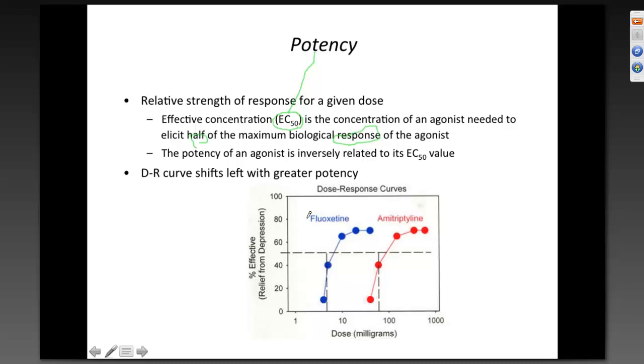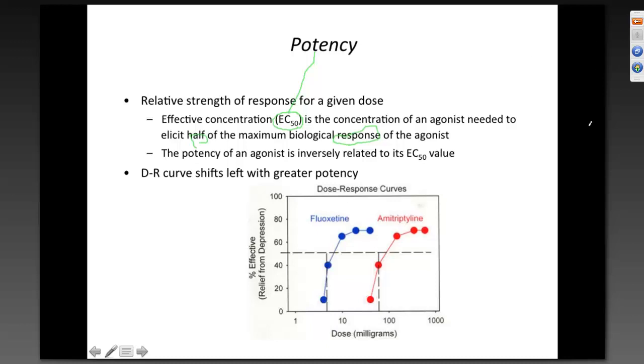Now, shifting the curve to the left could be because of a greater affinity, just like I said, oxygen has a greater affinity to the hemoglobin. It could be for other reasons too, but I'm trying to give you the catch-all that makes it easy to remember so you don't have to start learning curves all over again.